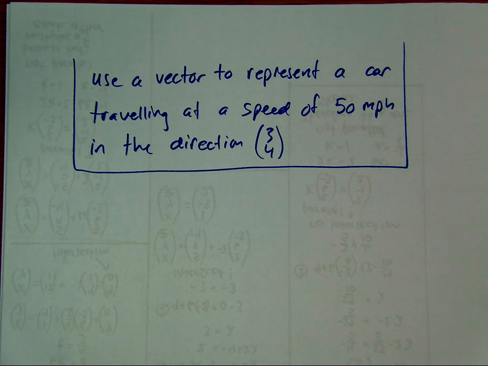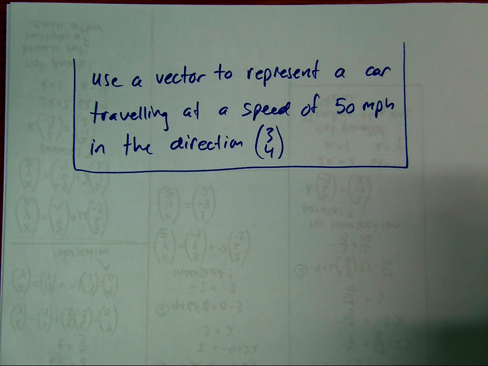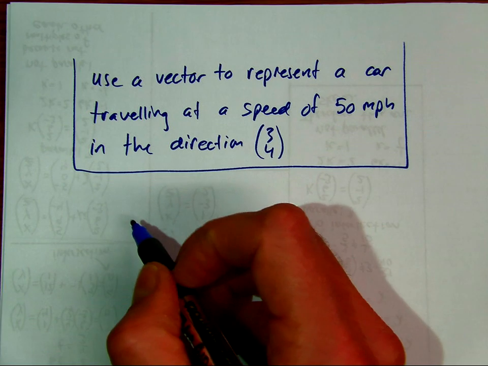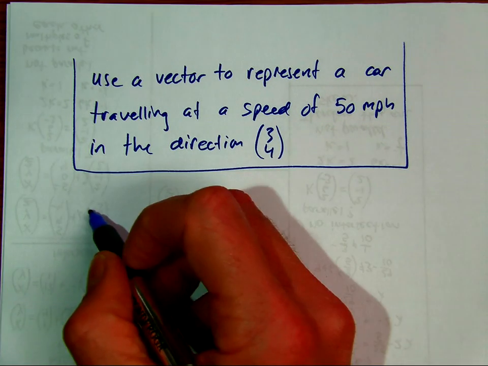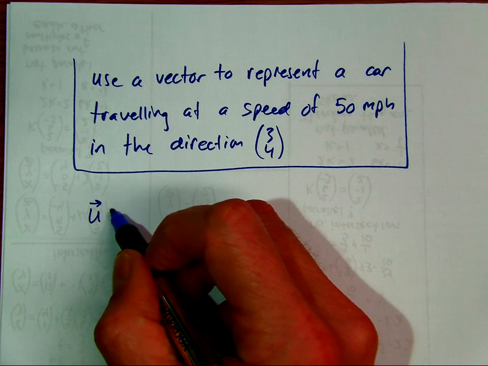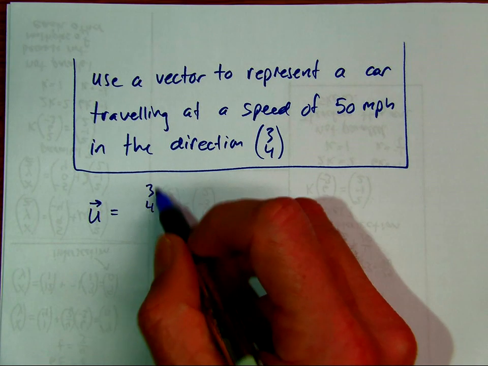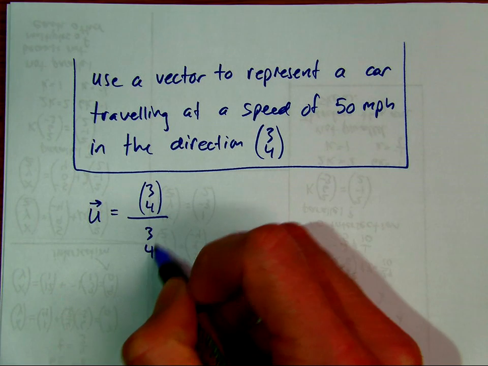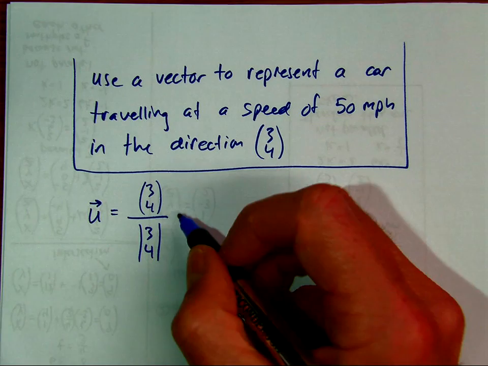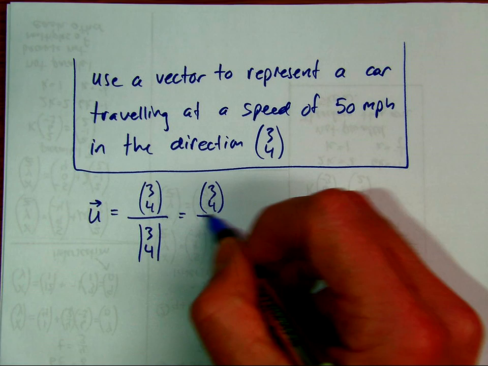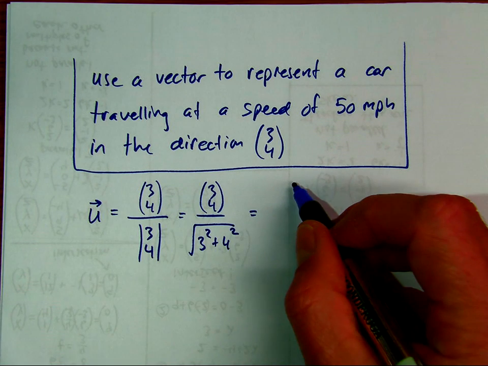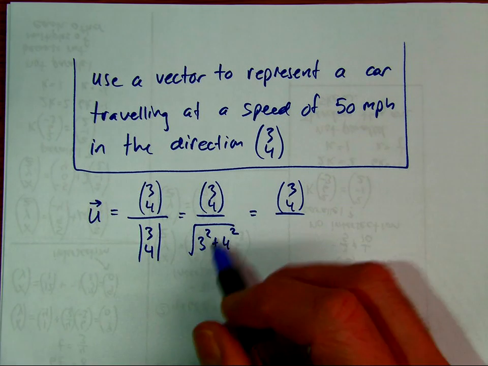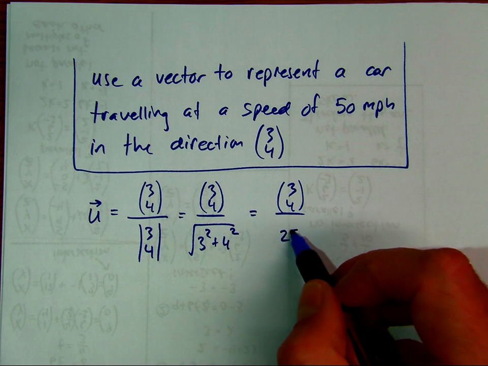All right. So we are going to find the unit vector of this. A unit vector is going to be the given vector divided by its magnitude. So this will be 9 plus 16 is 25.